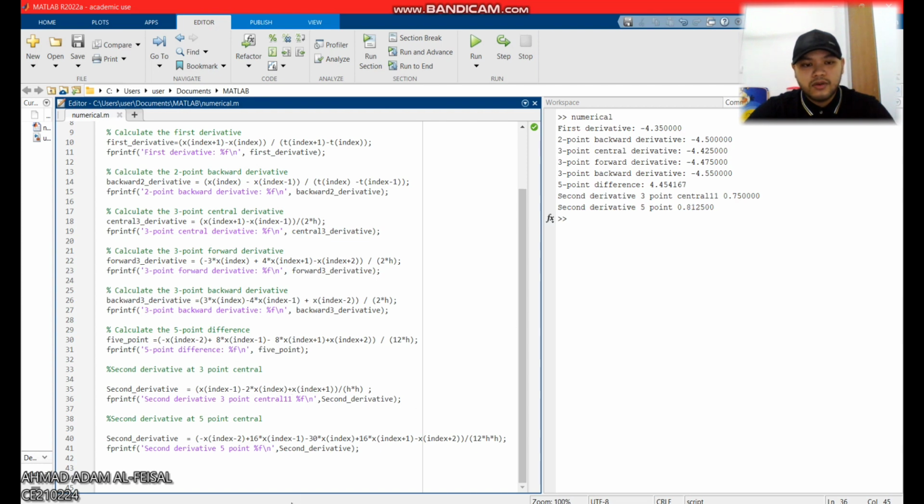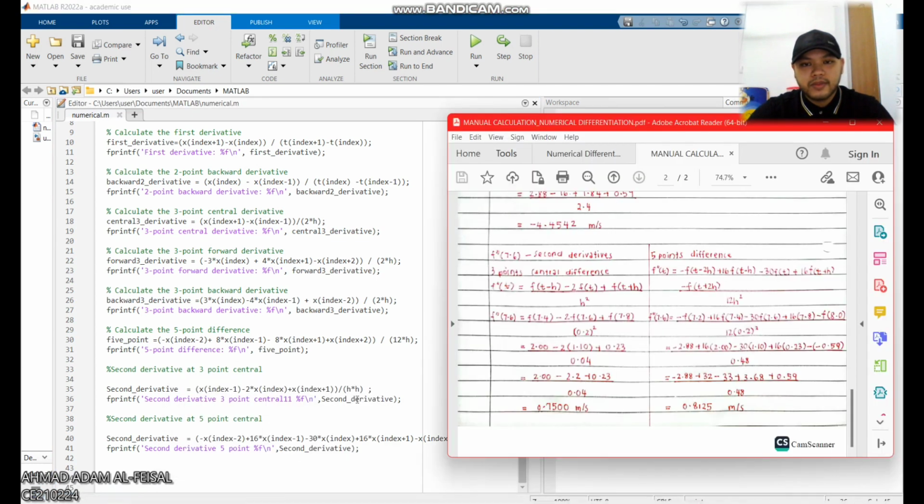From the manual calculation, it's the same result. So both answers are correct for the manual calculation and through the software, which is MATLAB. Thank you very much.